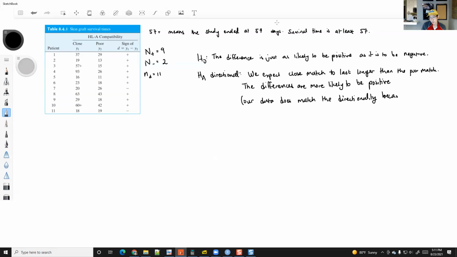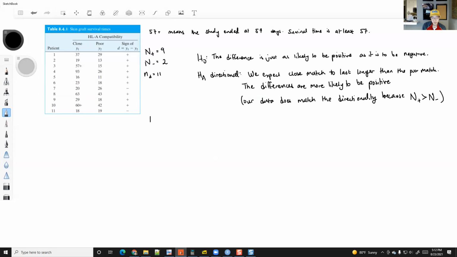Because the number of positives is greater than the number of negatives. Oh, we have 11 because we have 11 patients. We have a total of 11 plus or minus signs. So our data does match the directionality because n plus is greater than n minus.